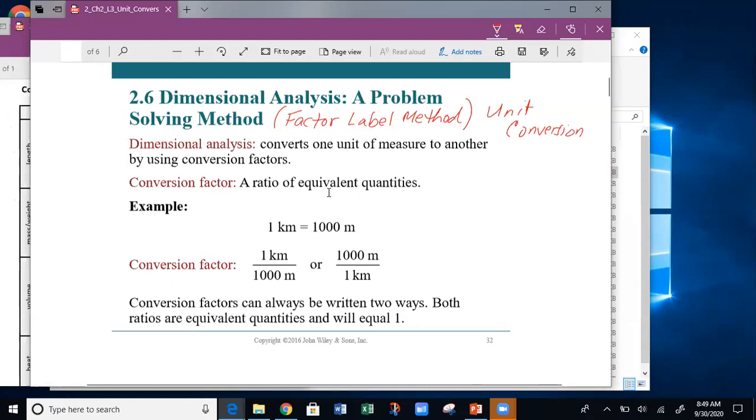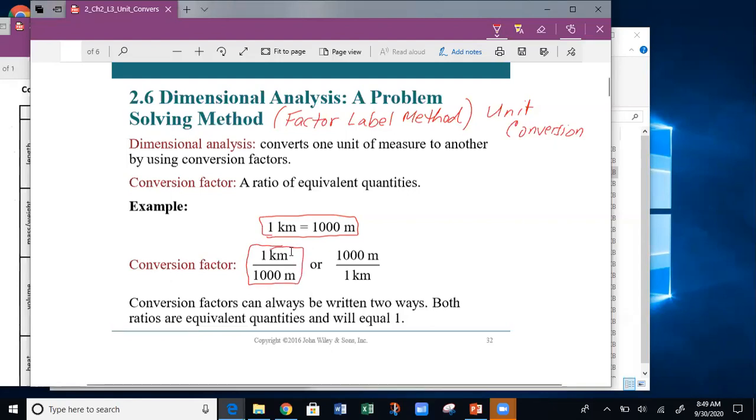This dimensional analysis involves things that are equal to one another. For example, 1 kilometer equals 1,000 meters. And we can use that equality to set up what are called conversion factors.